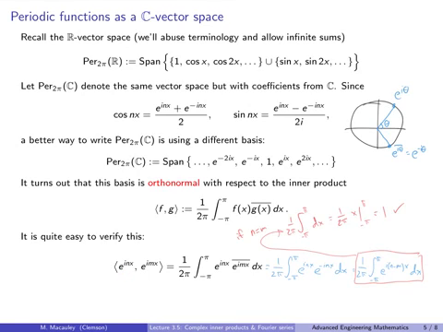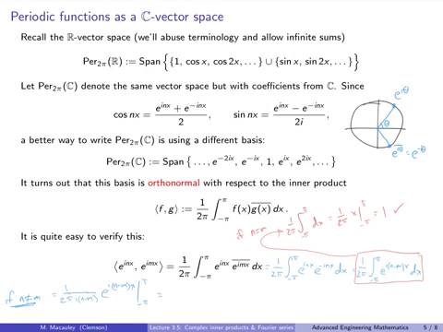Let's verify that they're orthogonal. So now let's assume n is not equal to m, and verify that the integral is indeed 0. So this is equal to 1 over 2 pi times, well, let's take this integral. The integral of e to the kx is just e to the kx divided by the constant k. So I can divide by I times n minus m, and write this as e to the I times n minus m x from negative pi to pi.